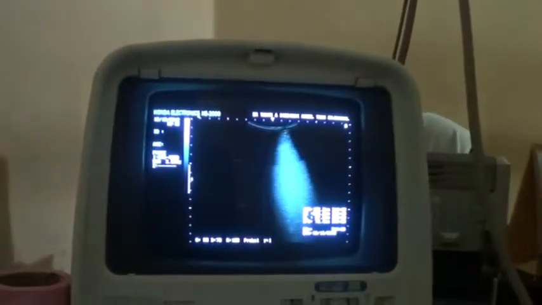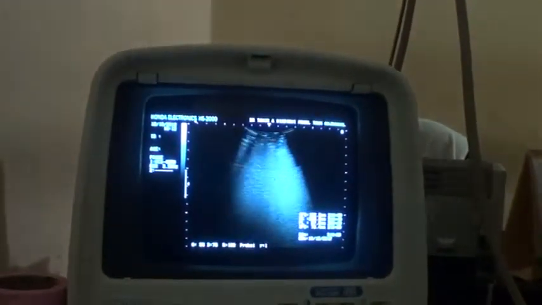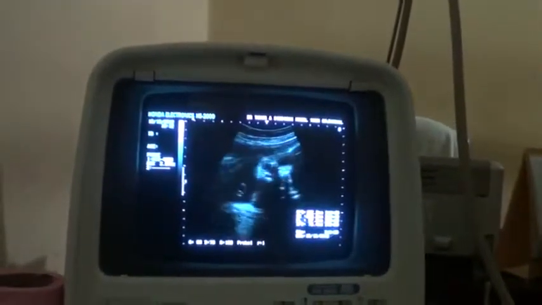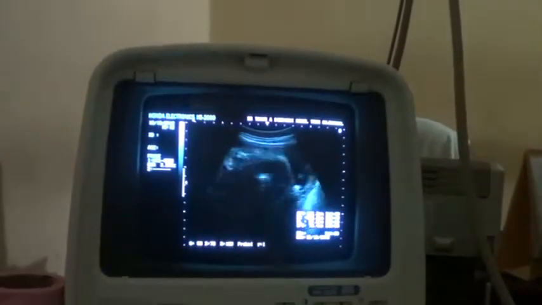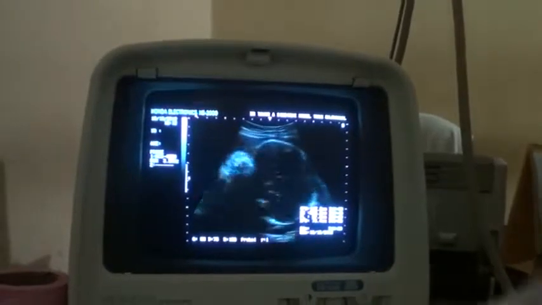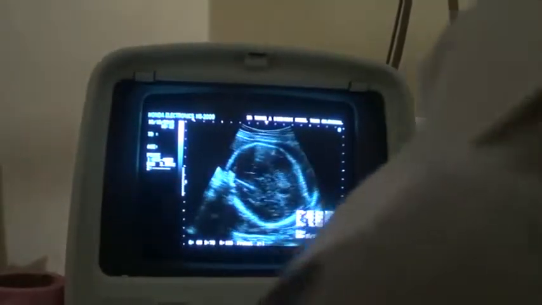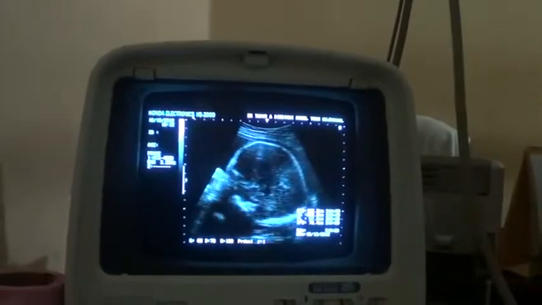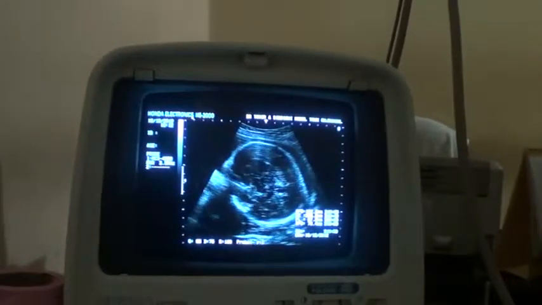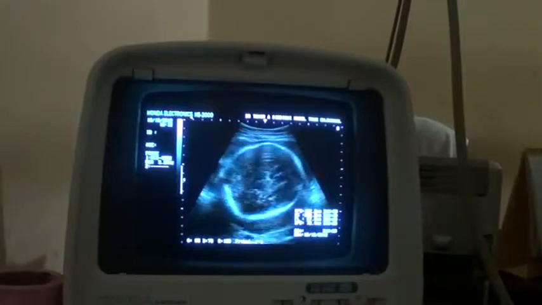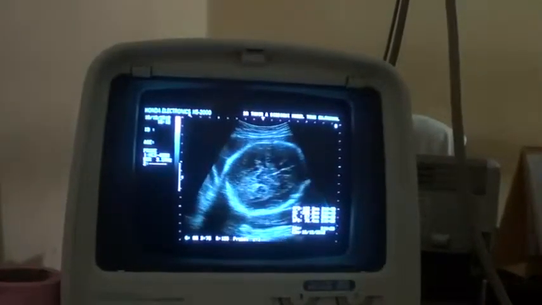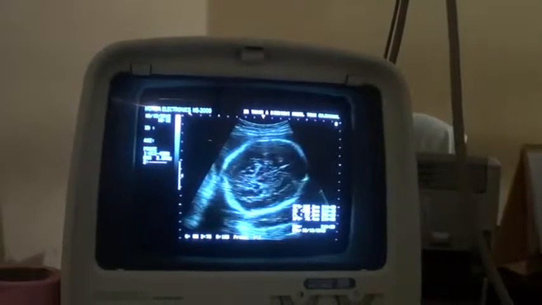Now I'm going to scan the fetal skull and head, neck region, face, because any anomaly in this region is a major cause of polyhydramnios. The presentation is cephalic, as you can see that the head is just above the symphysis pubis. This is the head of the fetus.